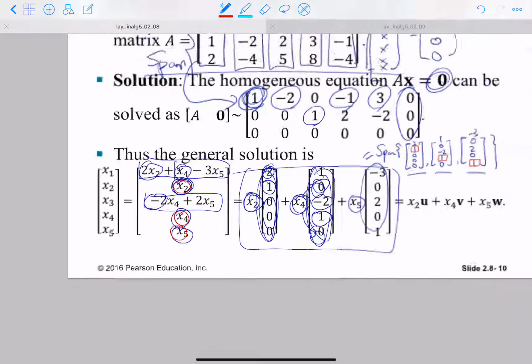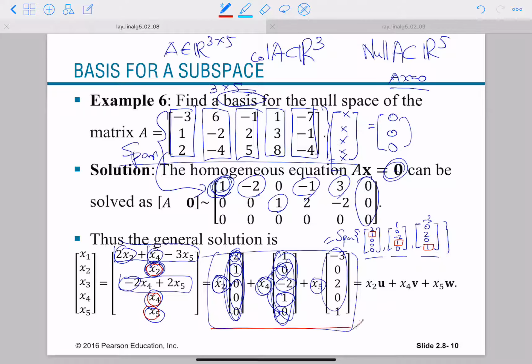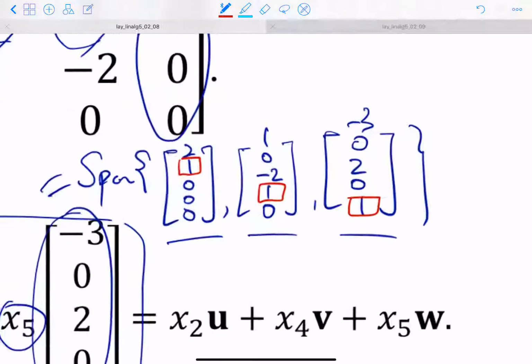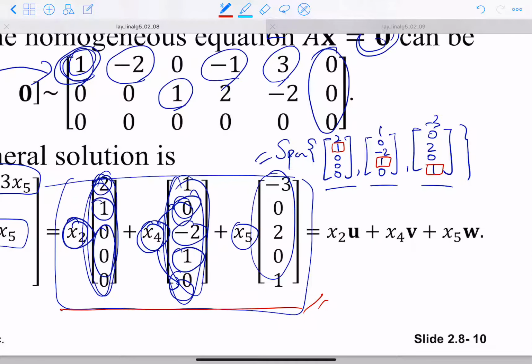Even after we obtain this factorized form, this is associated with x2, x4 and x5, which work as linear combination coefficients, right?